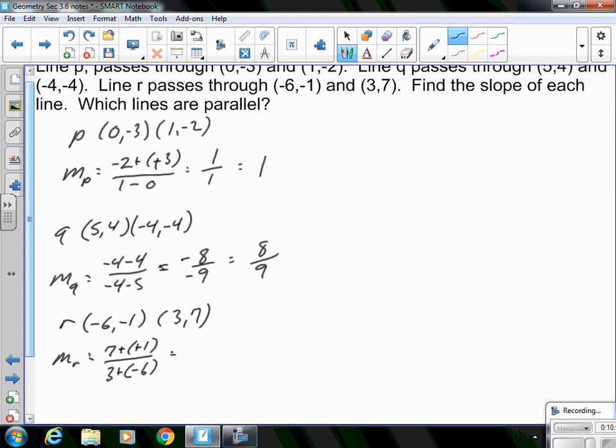So both those double negatives become positives. 7 plus 1 is 8. 3 plus 6 is 9. So 8/9. So the lines that have the same slope are the ones that are parallel. So that would be that Q is parallel to R, since they both have a slope of 8/9.